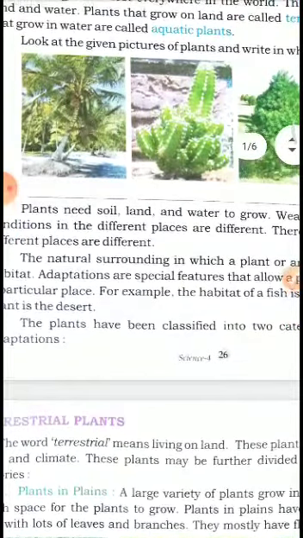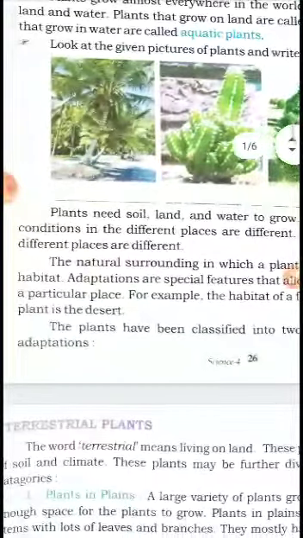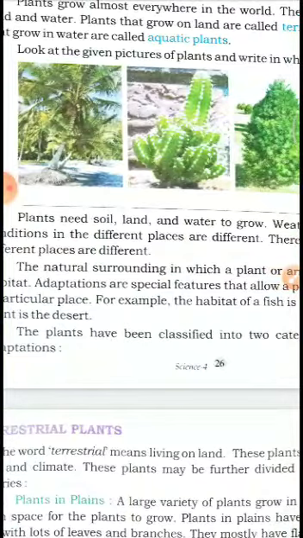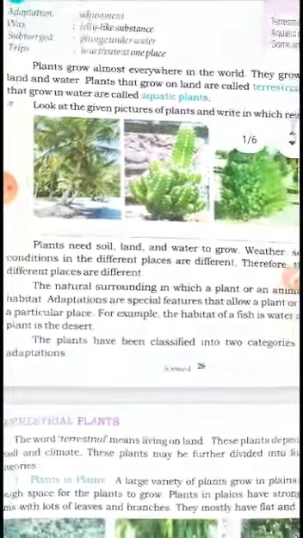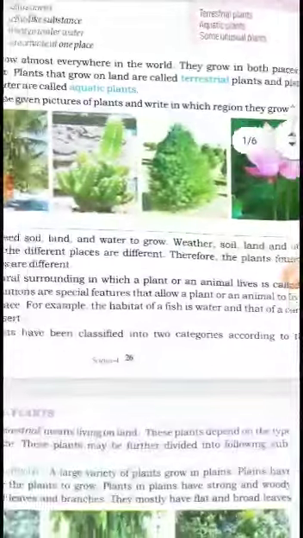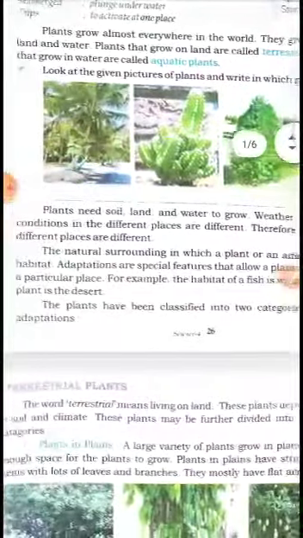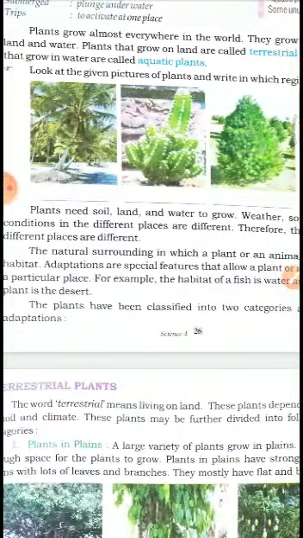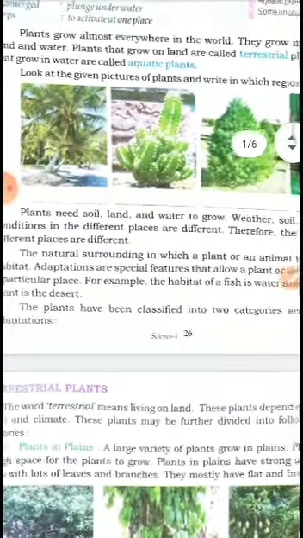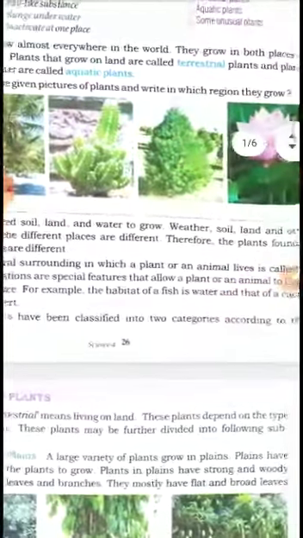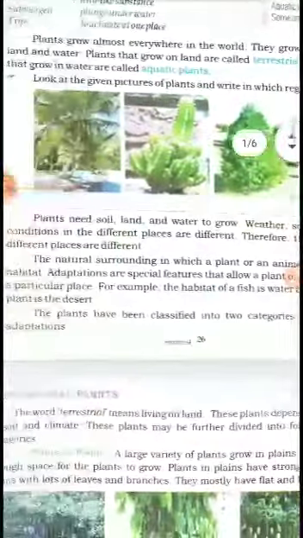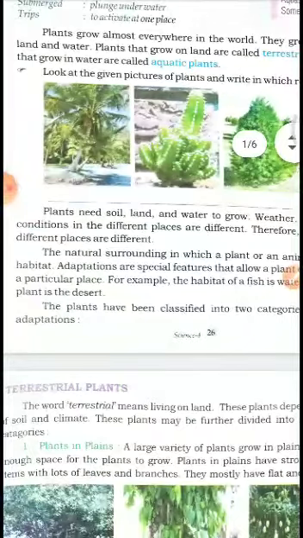Plants need soil, land and water to grow. The soil, land and other conditions in different places are different, right? Therefore the plants found at different places are different. The natural surrounding in which a plant or an animal lives is called its habitat, right?